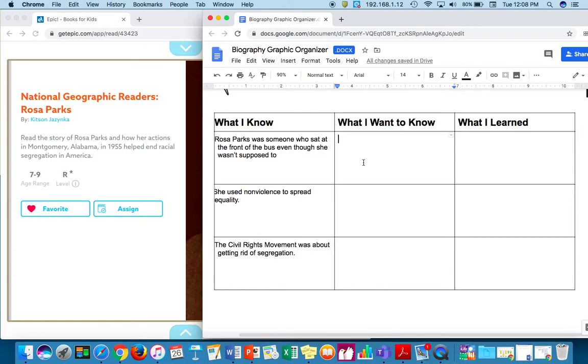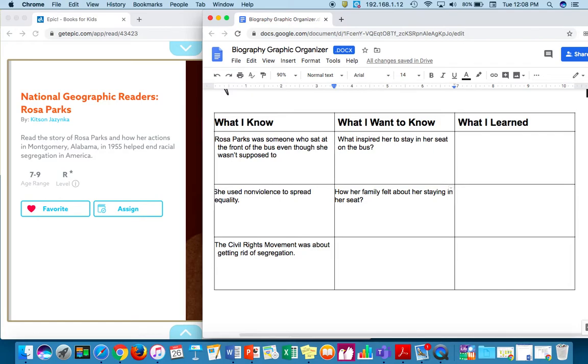What do I want to know about Rosa Parks or the civil rights movement? I want to know what inspired her to stay in her seat on the bus. I want to know how her family felt about it, because she was someone that was arrested after all of this.